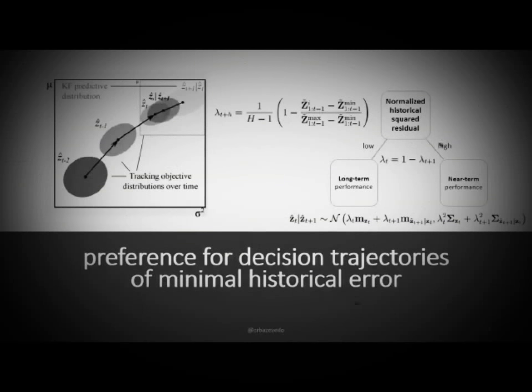So lambda will be independently set for each time step and for each performance distribution that you have in your Pareto set, based on how well your predictive model performed for each portfolio and in which historical scenarios. The reasoning of this equation is that once your normalized historical squared residual is low, then you are going for long-term performance.